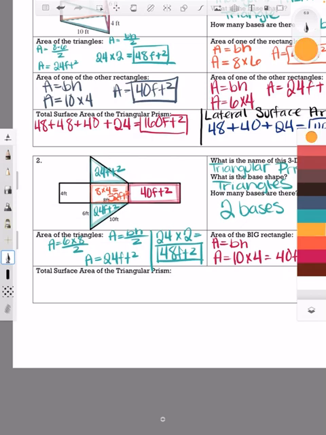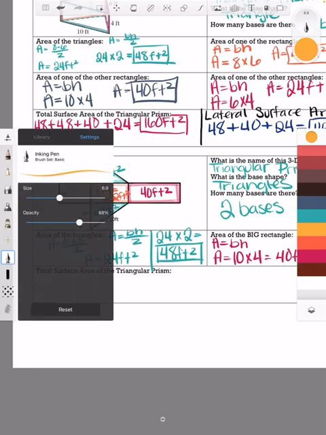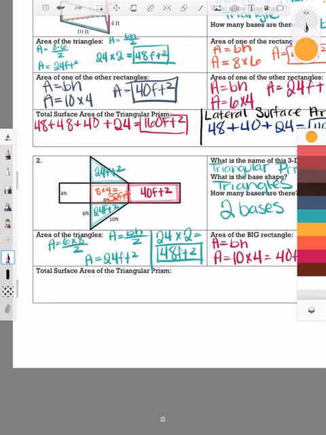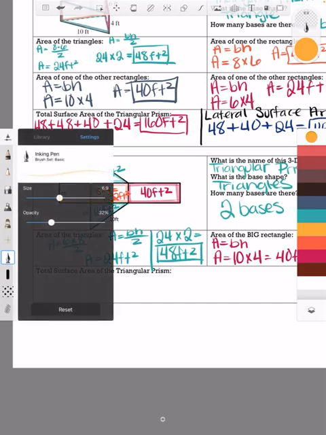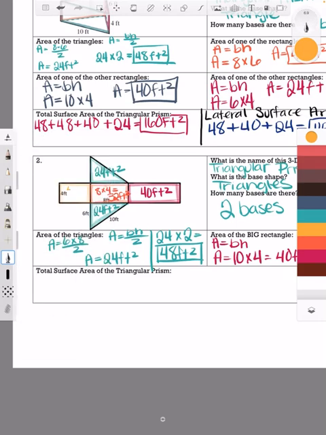And then for this front rectangle, the first one, I'm going to multiply 4 times 6, which is going to give me 24 feet squared.